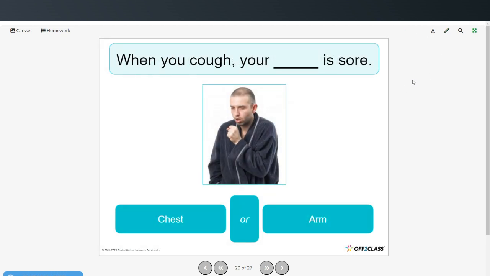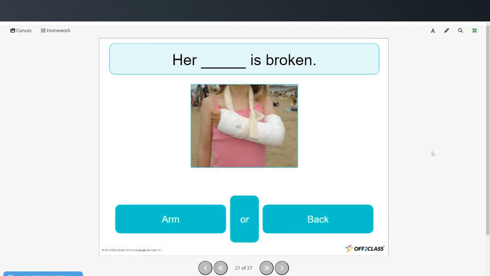When you cough, your chest is sore or your arm is sore? That would be your chest is sore. And is it her arm is broken or her back is broken?